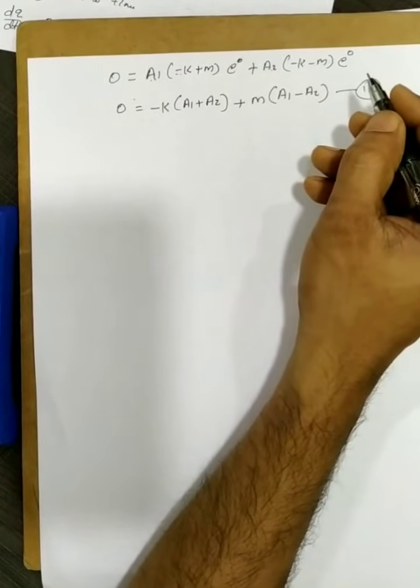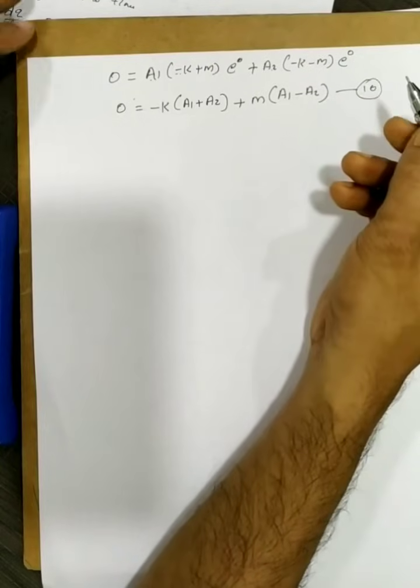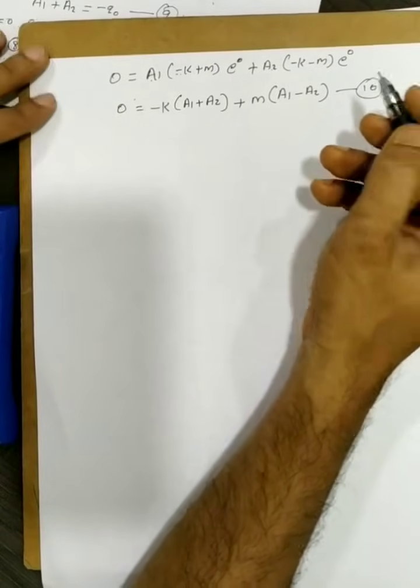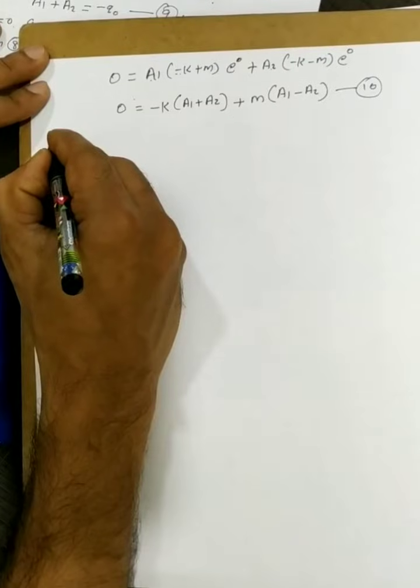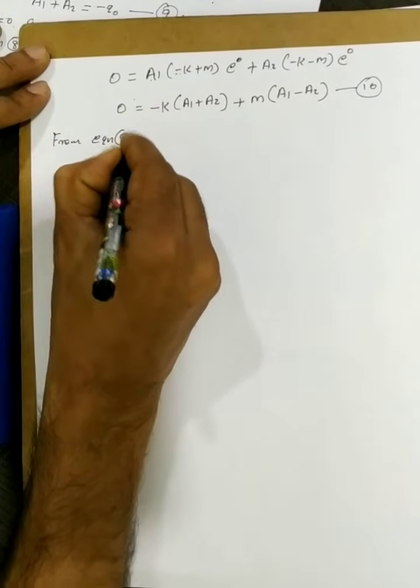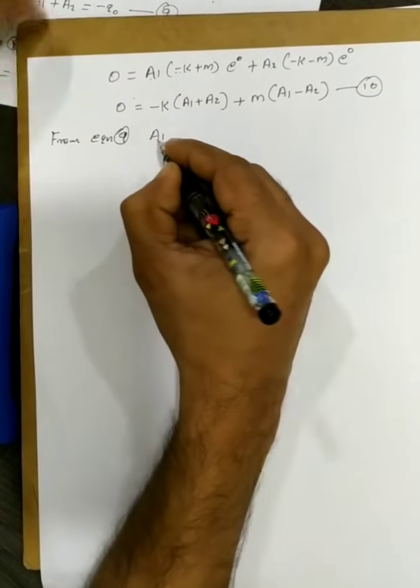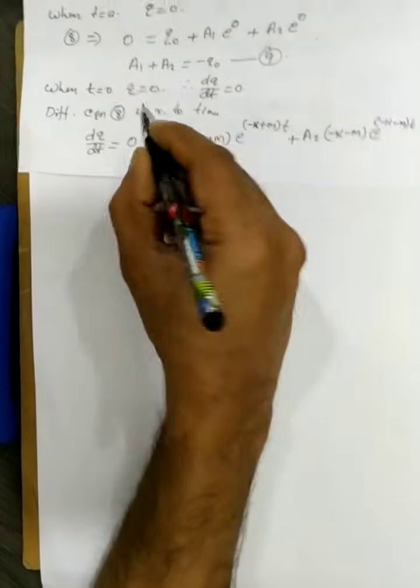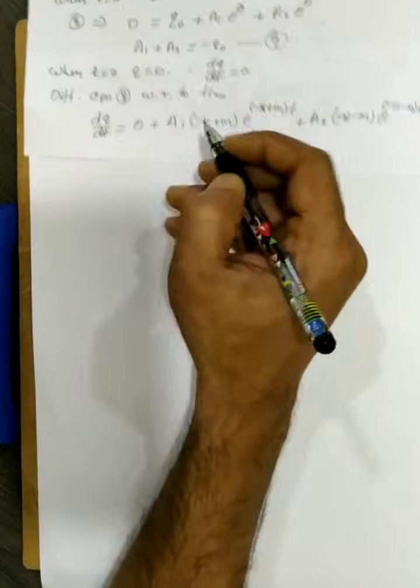Now from equation 9, we have A1 plus A2 equal to minus Q0.